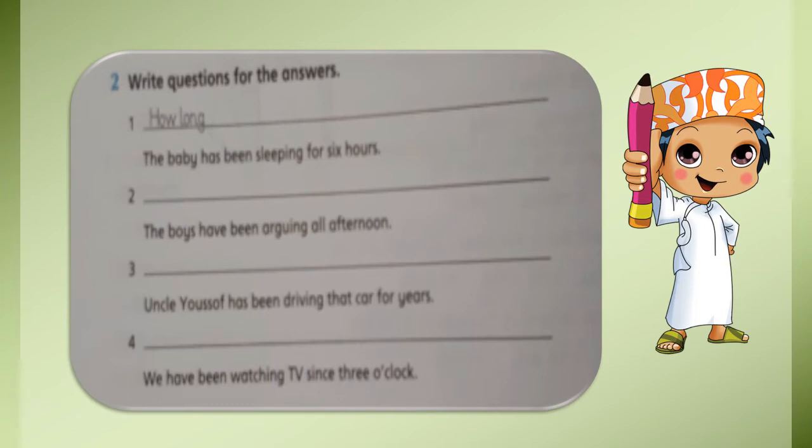At the first, let's remember the form of the questions with how long, then has or have, after that subject, been, very good, verb with ing, and at the end question mark.